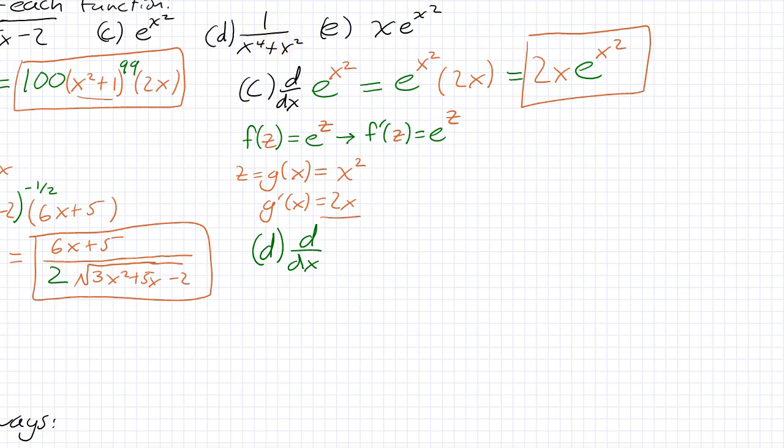So the inner function is x to the fourth plus x squared. The outer function is just 1 over that. So I'm actually going to write 1 divided by something as that thing, x to the fourth plus x squared, all to the power -1. So that's the outer function, is something to the power -1. So I'll write that out here.